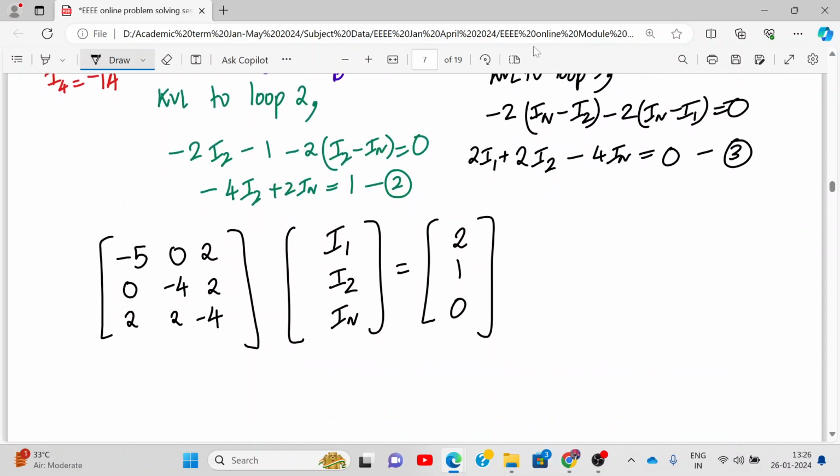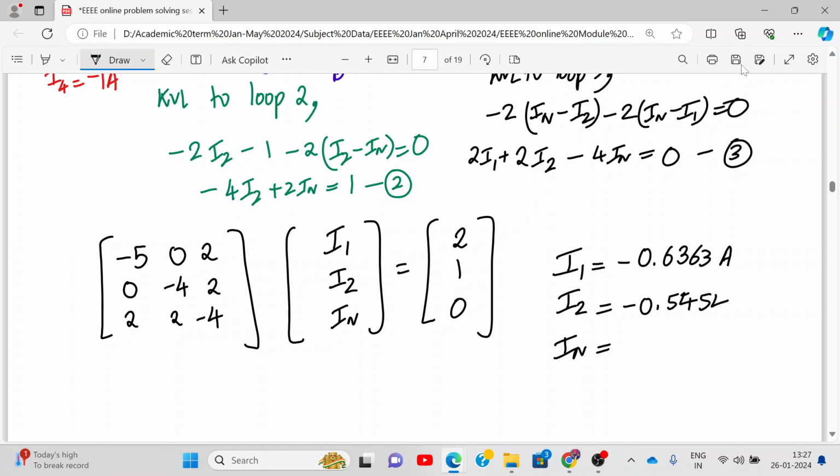Solve this and let me know the answer of I1, I2 and IN. Actually we are interested in IN current only, but tell me the answer. I1 is minus 0.6363. I2 is minus 0.545. And IN is minus 0.5909.